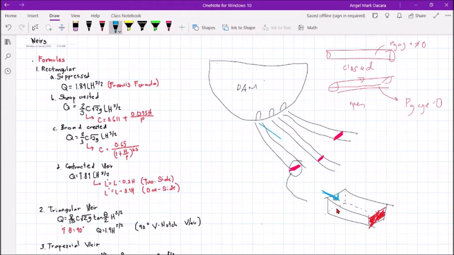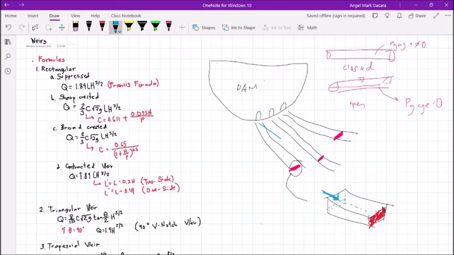Tama? Kasi siyempre, maghahanap ng labasan yung tubig. So, kung let's say, nung walang harang, ang flow ng tubig doon sa channel ay ganito lang kababa, siyempre, hindi siya makakalagpas dito sa may gate. Pero siyempre, since the discharge is continuous, it will eventually go up.